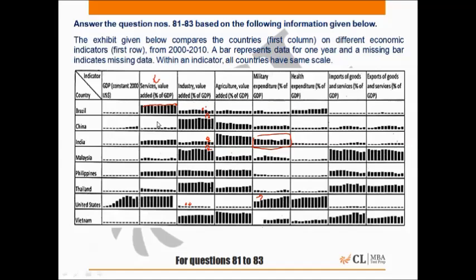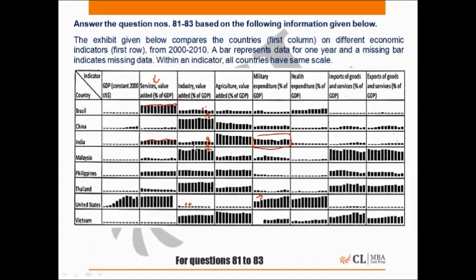And coming to the next option, India. In the case of India, it is quite significant, so it could be a probable answer. Now come to the third option, it is United States. In the case of United States, it witnessed some increase, but it is quite less compared to that in the case of India.